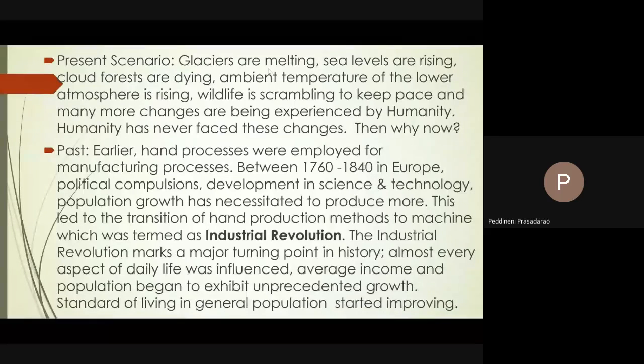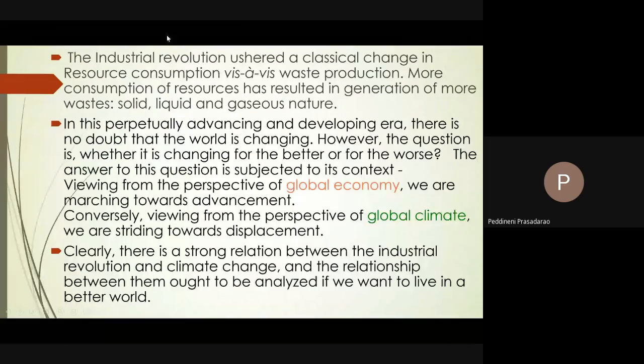So this is exactly what happened with the Industrial Revolution: it assured a classical change in resource consumption versus waste production. Once you are consuming more, automatically you are producing more, and the same is the case with waste. This generation of waste products is solid, liquid and gaseous.